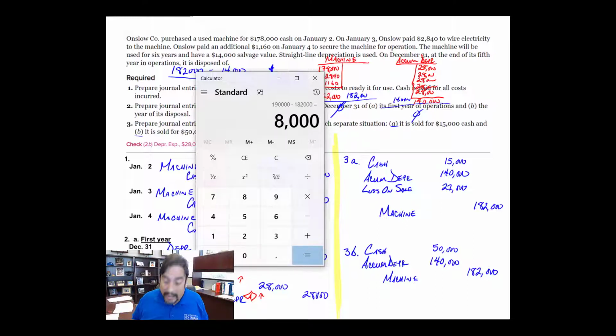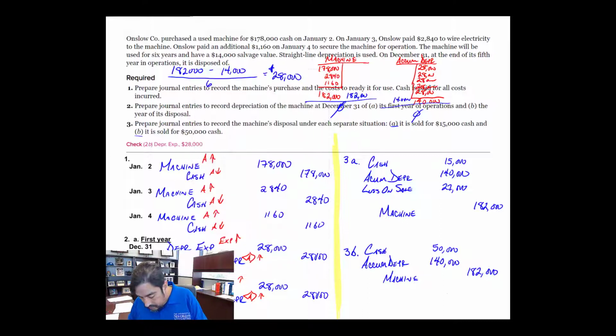I need another credit of $8,000. And we're just going to use that plug, gain or loss. When it's a credit, we call it gain. And that's it.